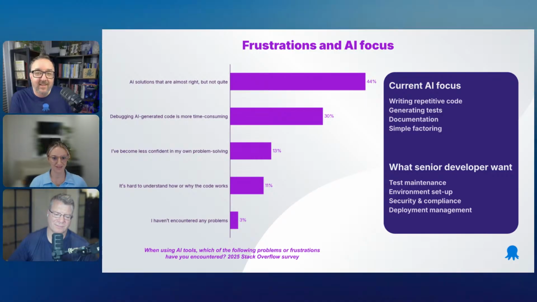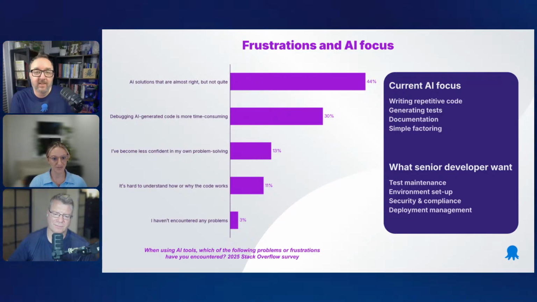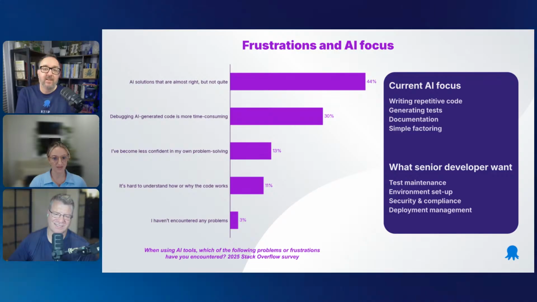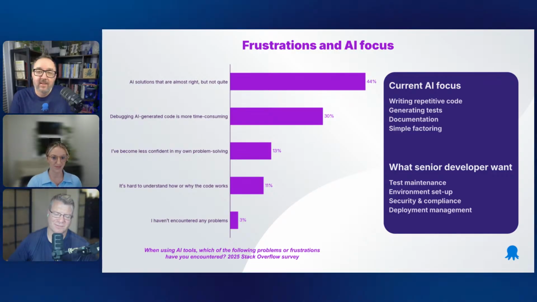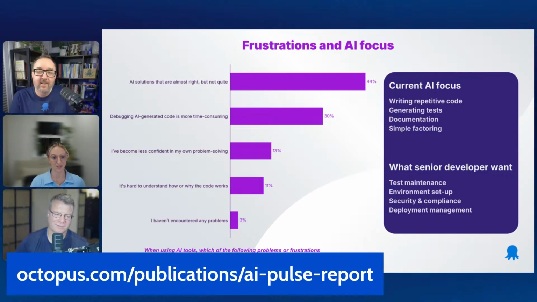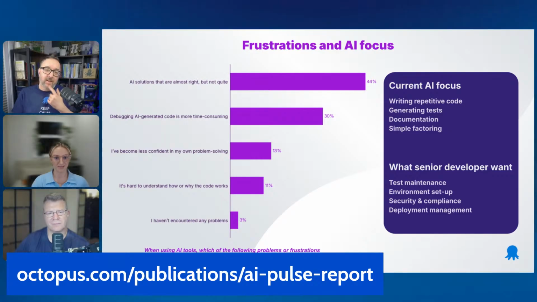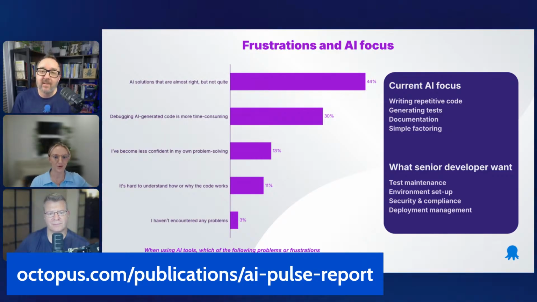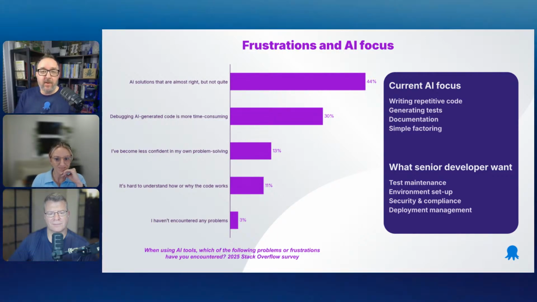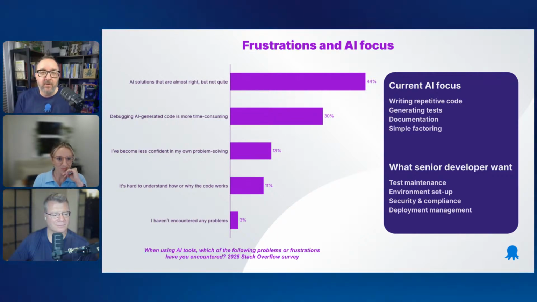I love this graph. And actually, Steve, I think that you have a note on debugging AI-generated code being more time-consuming. The output from AI is very different from what a human would create. Dave Farley was highlighting a bit of research, which I think was done by Equal Experts.